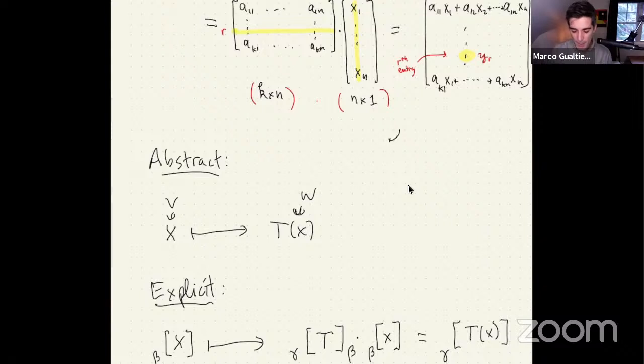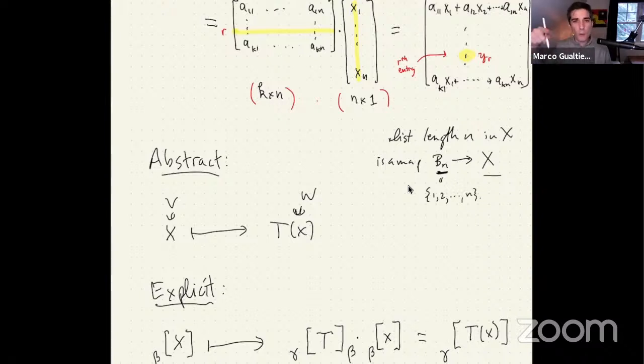A list of length n is a map from Bn to X. If you have a list of length n of elements in X, you could think of that list as being a map from the standard set of n elements to X. Remember that this is just 1, 2, up to n, right?